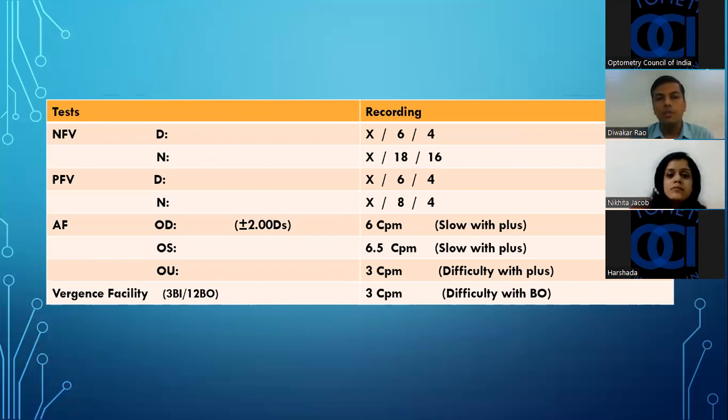Accommodative facility with a plus or minus 2 diopter flipper was 6 cycles per minute in the right eye, 6.5 cycles per minute in the left eye, slow with plus. Binocularly it is 3 cycles per minute and difficulty with plus. And vergence facility with the 3 diopter base-in and 12 diopter base-out flipper, we found it is 3 cycles per minute, difficulty with base out.